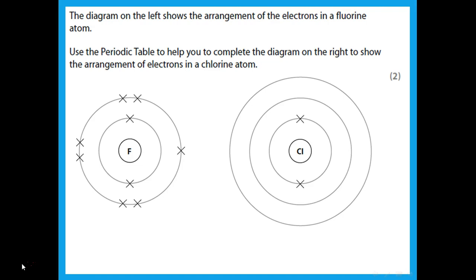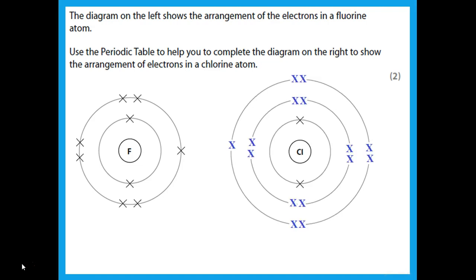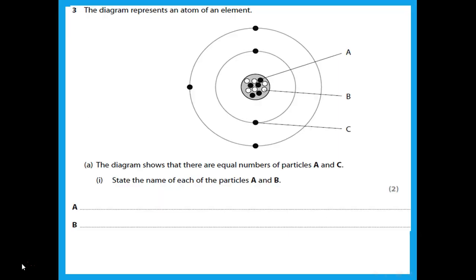So how would you distribute 17 electrons? We have 2 electrons in the first shell already written for us. So we need to distribute the rest of the 17. The next energy level takes how many? Takes 8, and then I need to put the rest of that, which are the 7 that are left, in the final energy level. So this is what your answer should look like. Okay?